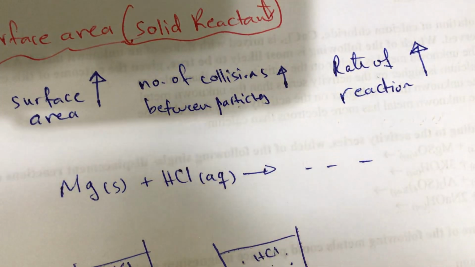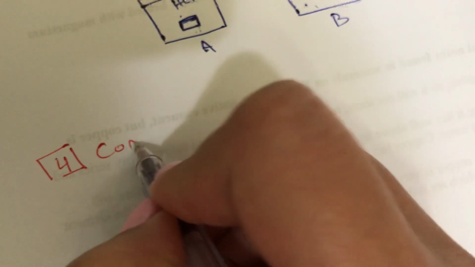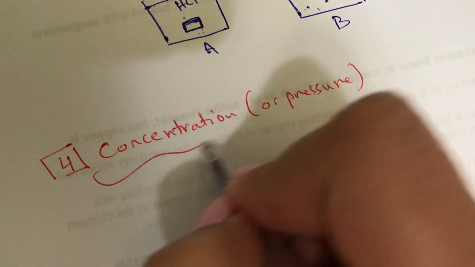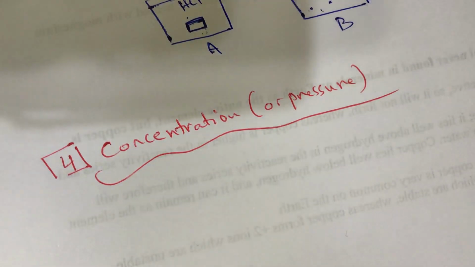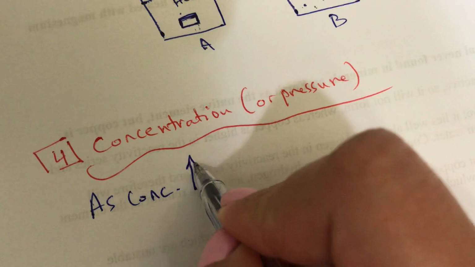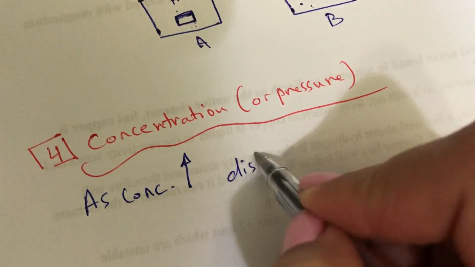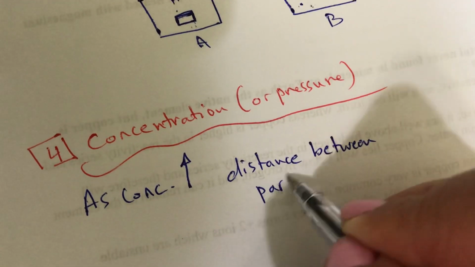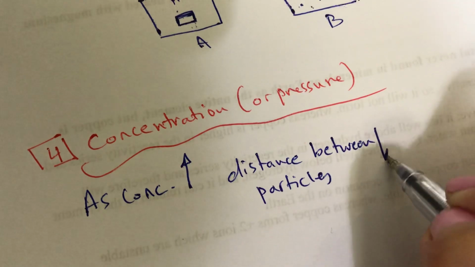Now the fourth factor is concentration or pressure of reactant. So the rule is, as concentration of particles increases, distance between particles decreases.